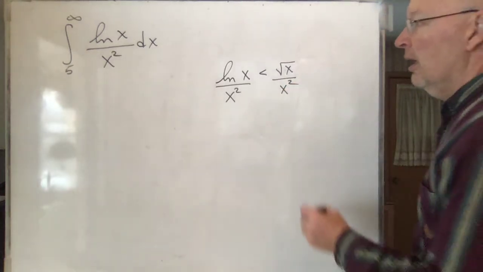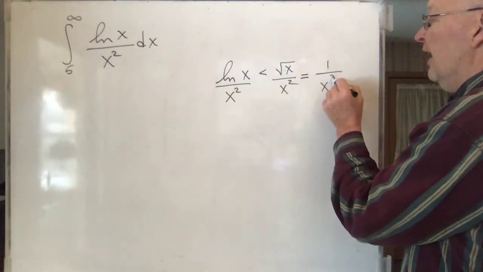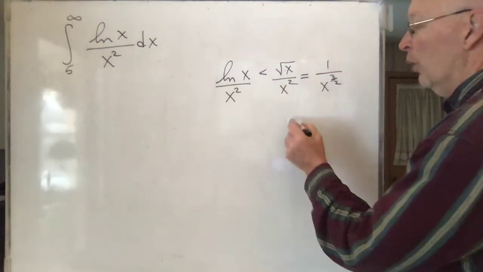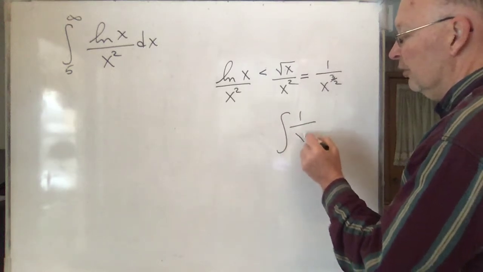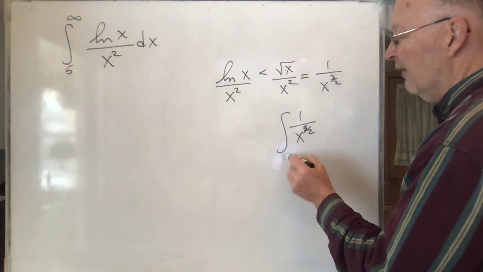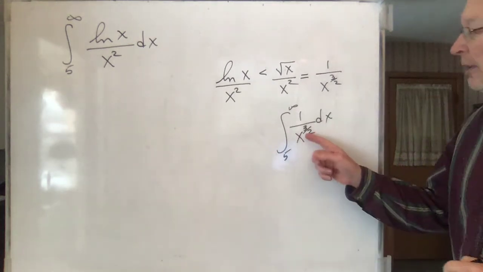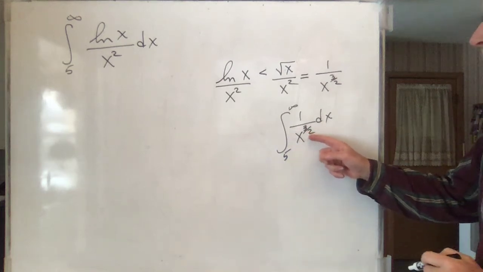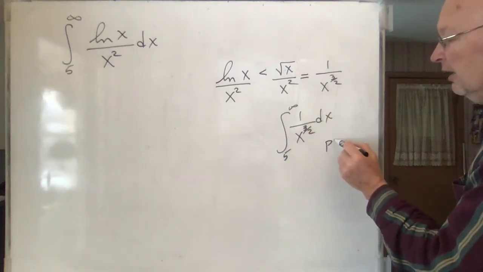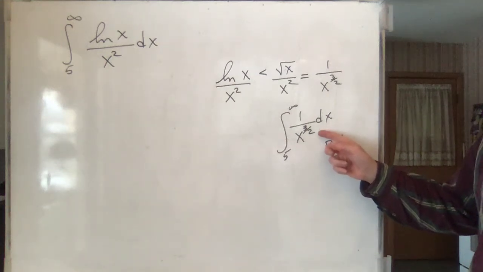Agreed? And that tells me, of course, that this is equal to 1 over x to the 3/2 power. And what do I know happens if you find the area underneath x to the 3/2 power from 5 to infinity? For any power of x bigger than 1, this thing converges.